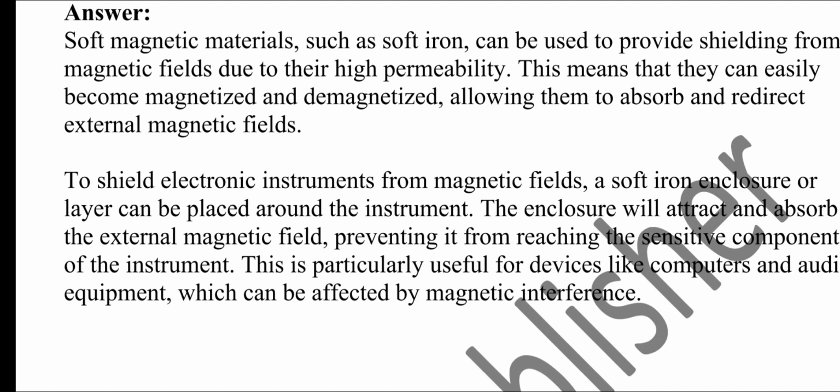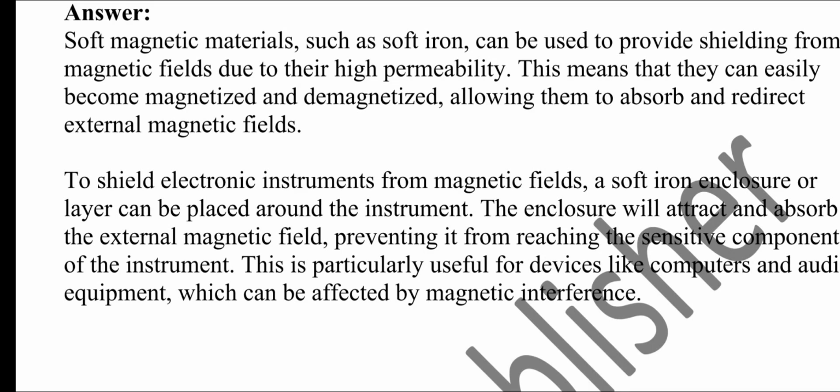Correct answer is, soft magnetic materials such as soft iron can be used to provide shielding from magnetic fields due to their high permeability. This means that they can easily become magnetized and demagnetized, allowing them to absorb and redirect external magnetic fields.